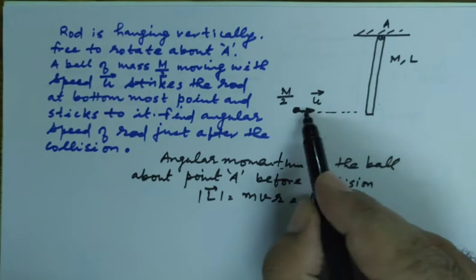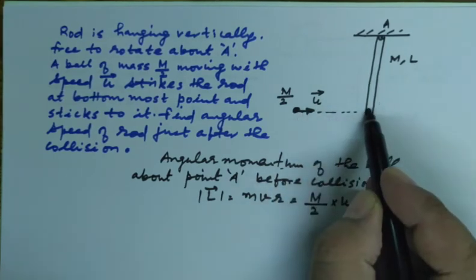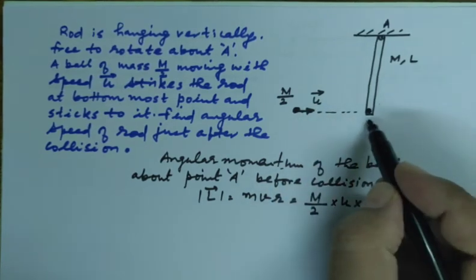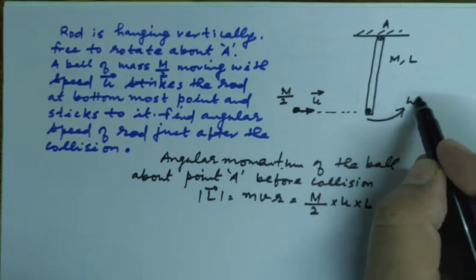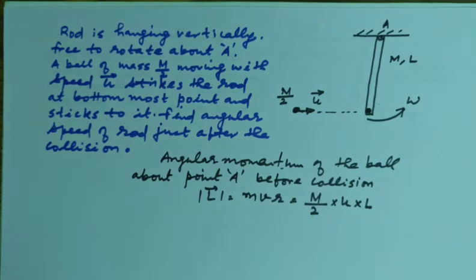After the collision, this small ball gets stuck at the end, and because of the impact, the whole system, say, moves with angular speed omega.